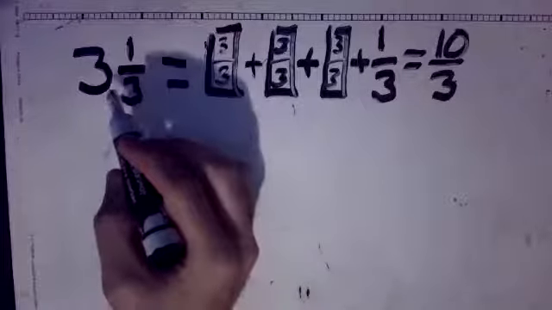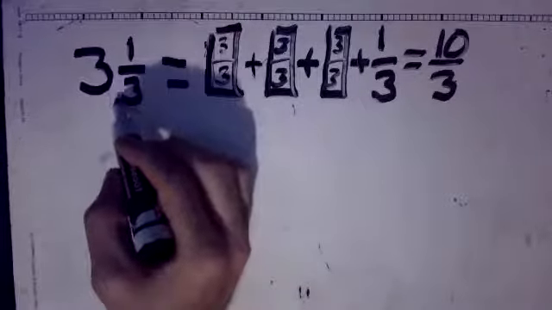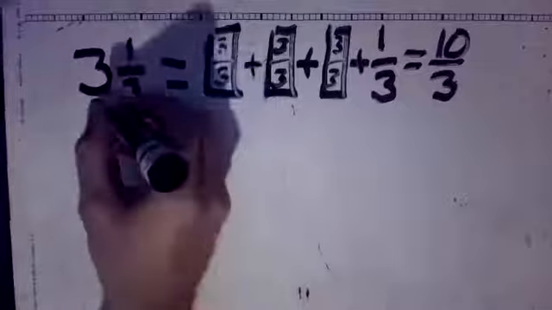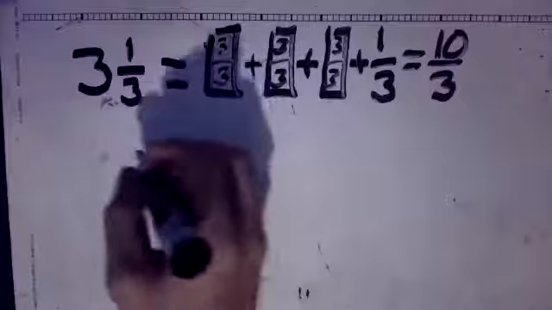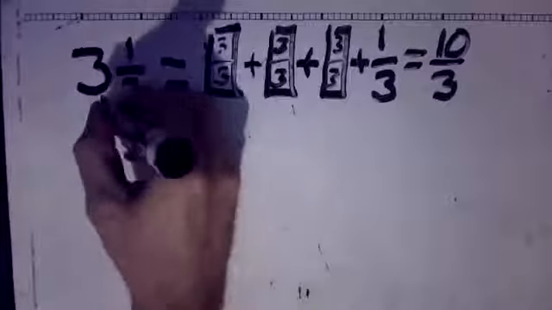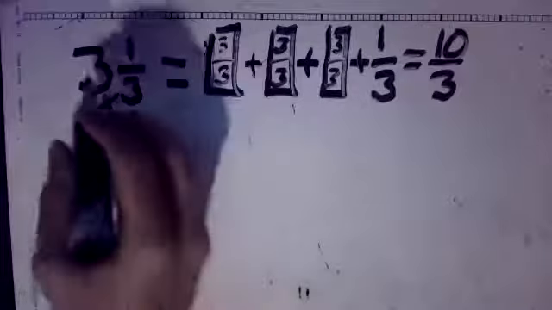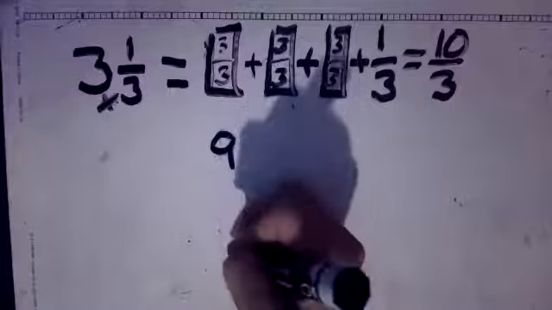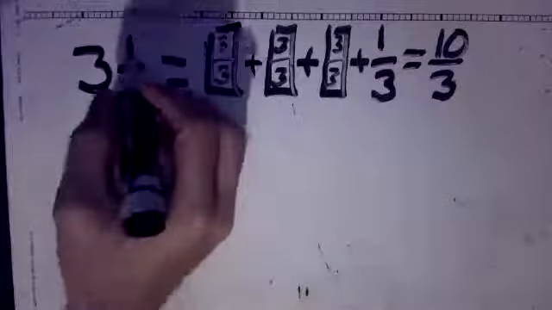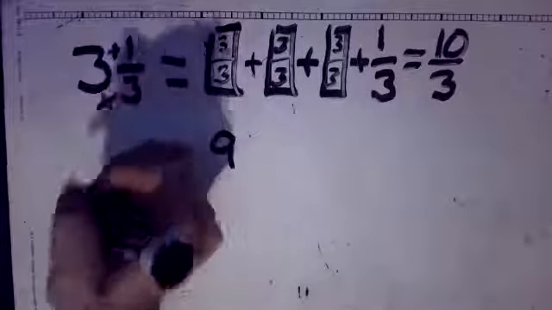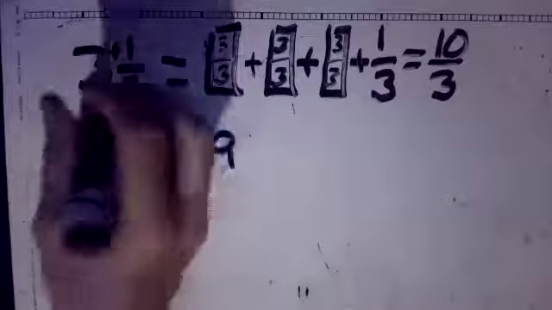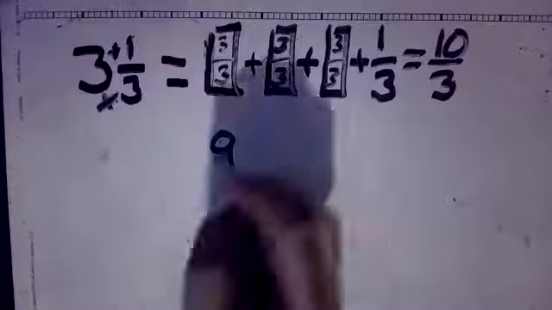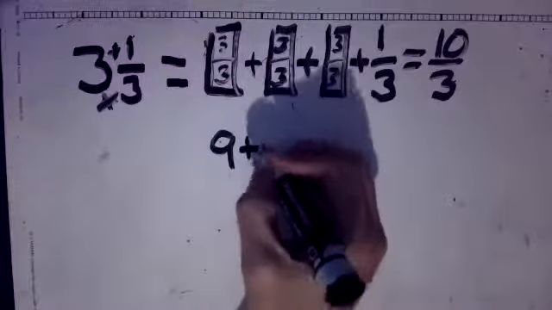So people will often show that if you multiply the denominator times the whole number, 3 times 3 would be 9, plus whatever you started with.